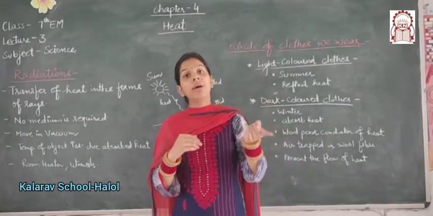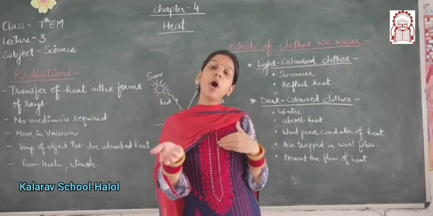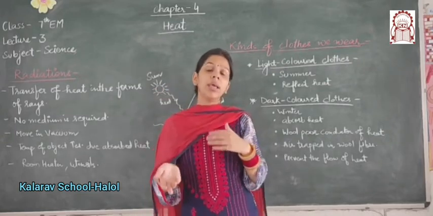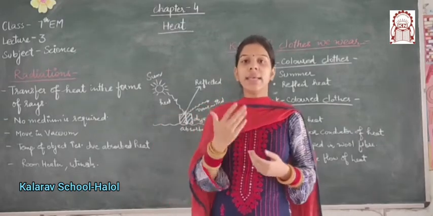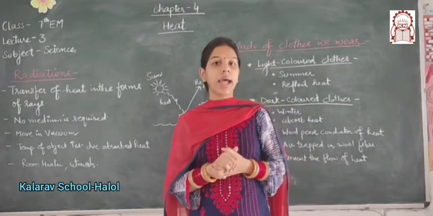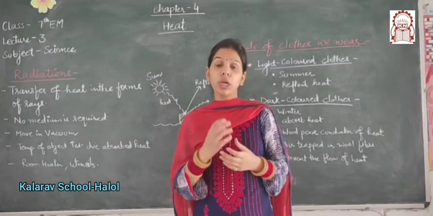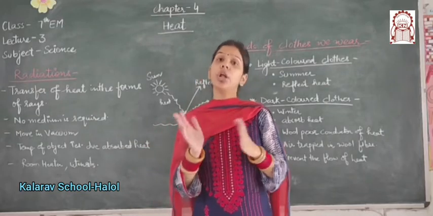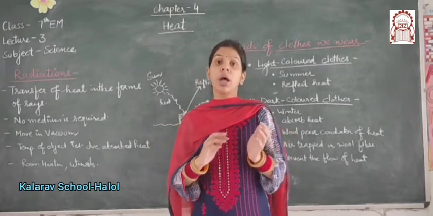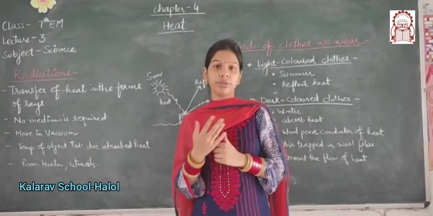On the other hand, woolen clothes do not allow the heat to pass from our body to the surroundings. In this way, we feel warm. Woolen clothes are made of wool, which is a poor conductor of heat and does not allow radiation to pass from our body to the surroundings.